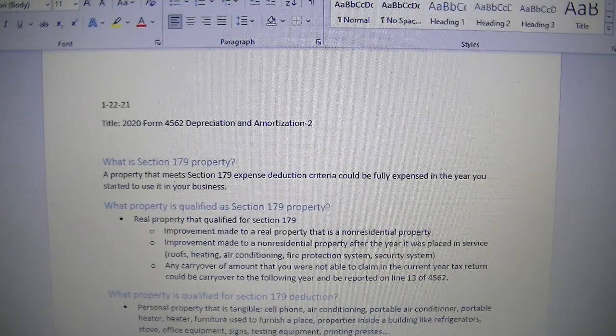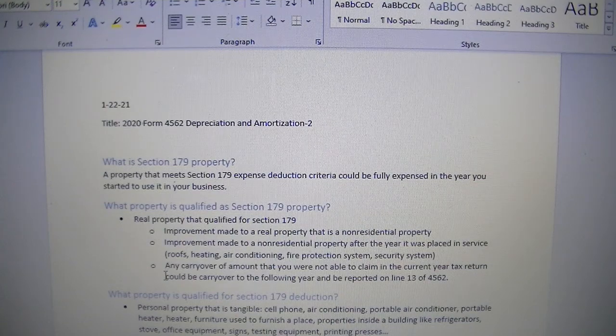What is Section 179 property? A property that meets Section 179 expense deduction criteria could be fully expensed in the year you started to use it in your business.